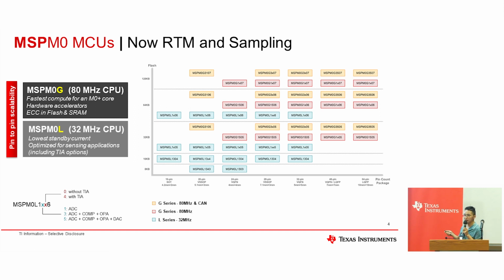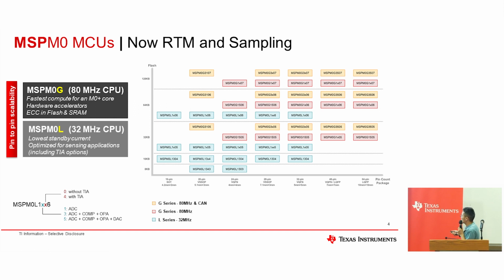It is just the latest product we can provide, but we can provide more in the future, like 12 kilobytes, and the pin count we can cover up to 100 pins. That is the roadmap in our future.